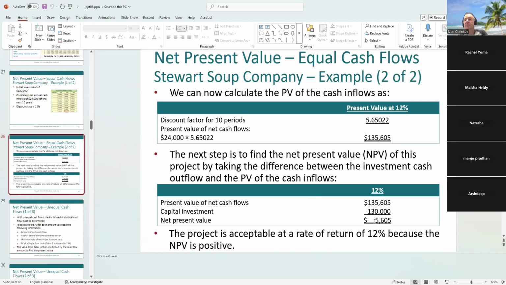So the net present value in this case doesn't mean anything. It means only that the project is going to reach a 12% return. This is not the extra cash that we're going to get over the 12%. Again, it's just a number, nothing more, nothing less.